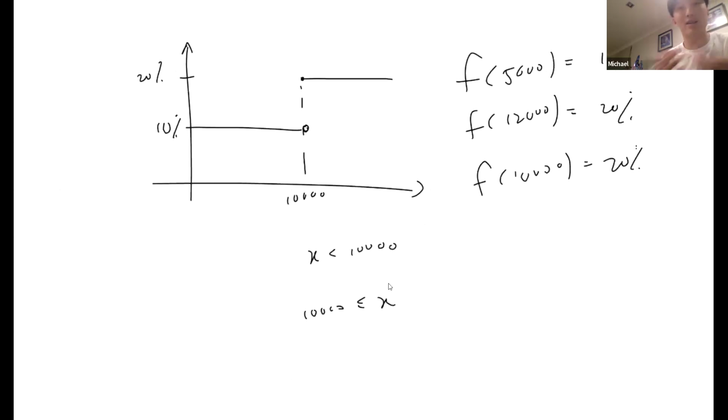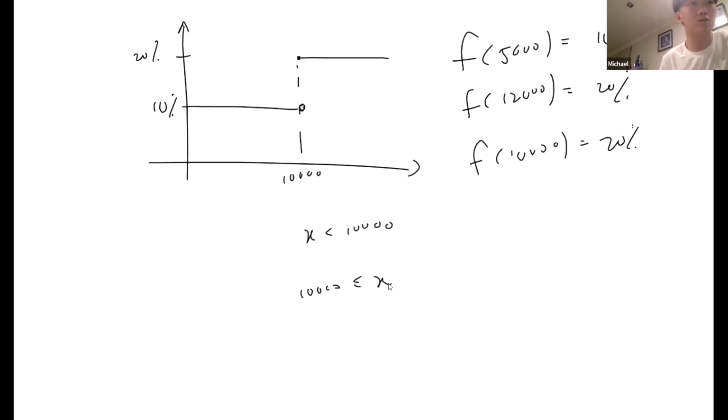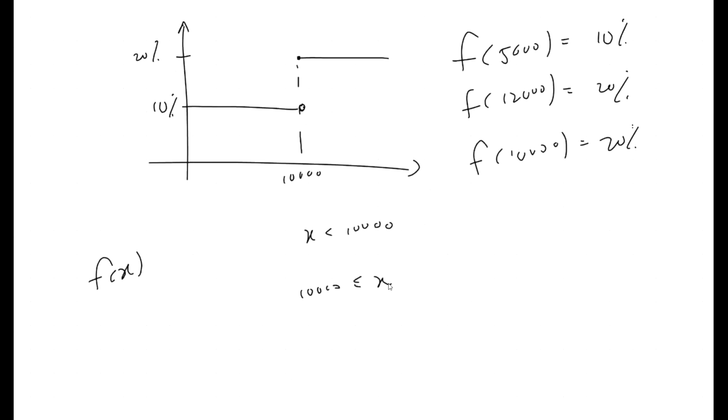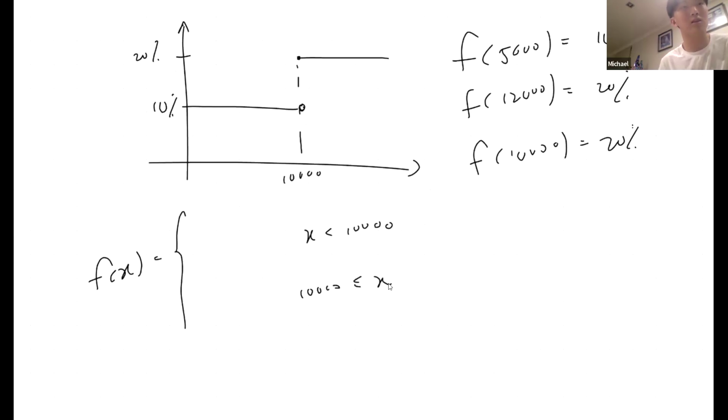So now let's write the function in proper terms. First of all, you start with f of x, right? But in a piecewise function, you do this kind of thing. First of all, it equals 10%, if x is smaller than that, but equals 20% if x is bigger than that.